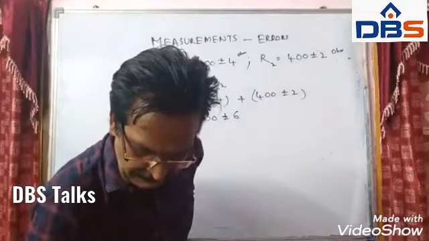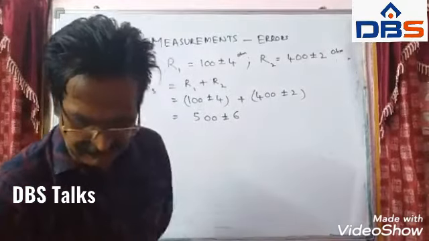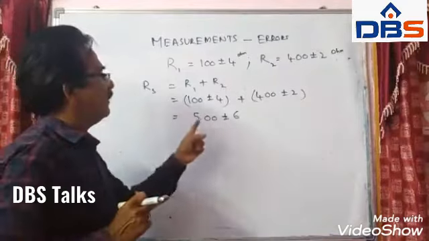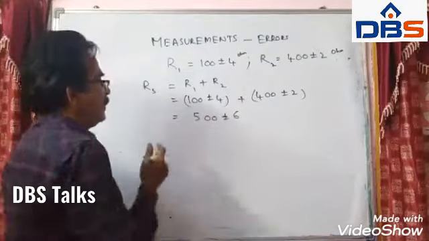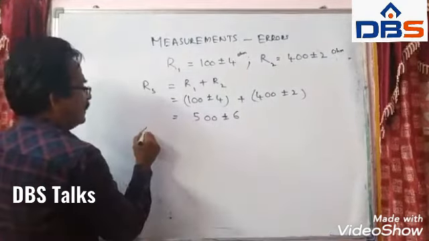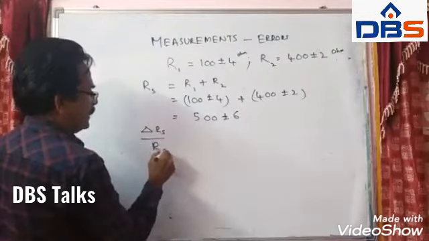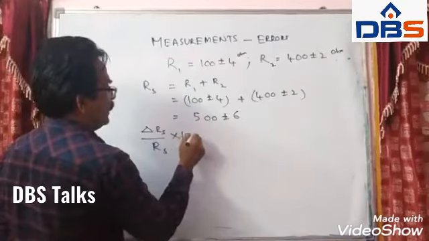Here we want the percentage error. This is the final RS, 500 plus or minus 6. We want delta RS by RS into 100.